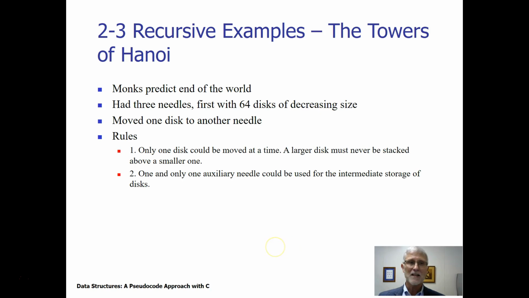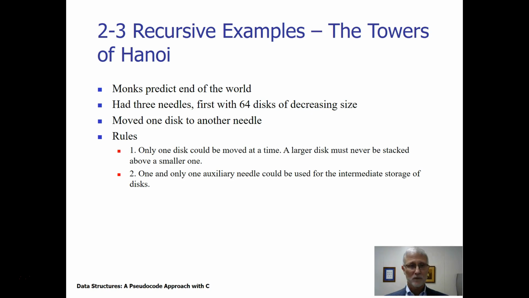Now, the last one I think we're going to look at is the Towers of Hanoi. It's been around a while. It's an ancient story that a bunch of monks were going to try to predict the end of the world, and all they had was 3 needles, with the first one having 64 disks of decreasing size. They only moved 1 disk to another needle once an hour, once a day.